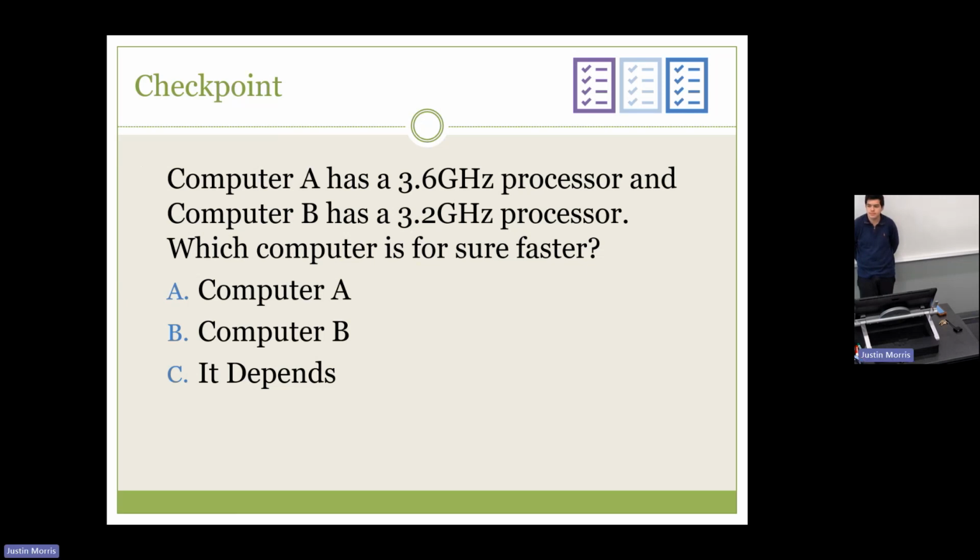Would the memory speed matter at all in that regard? That would matter. Sure, we can talk about that. Because if your memory is faster, you're going to stall less when you need to wait for a memory.